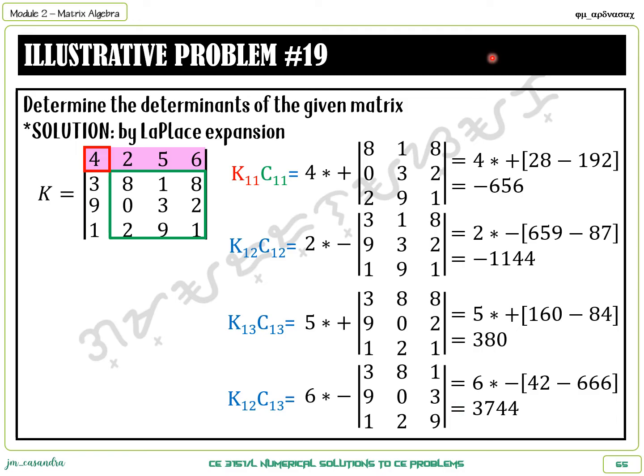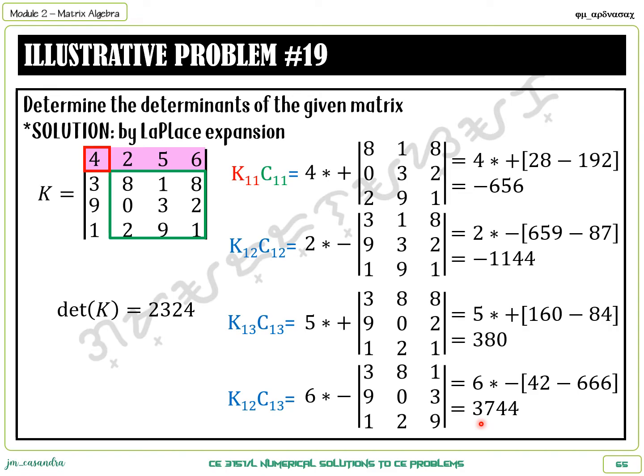So once you have computed all of the products of the element and its cofactor for that row, we now simply add them up. So negative 656 plus negative 1144 plus 380 plus 3744, it will give us a determinant of K, which is equal to 2324.